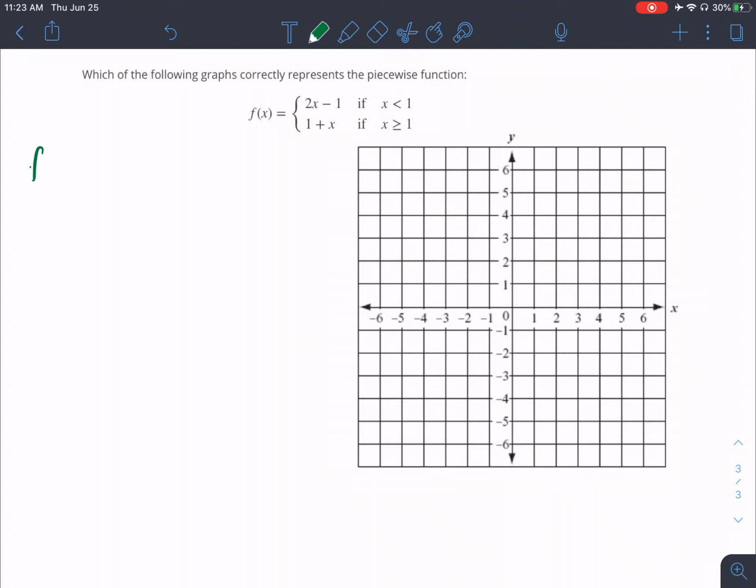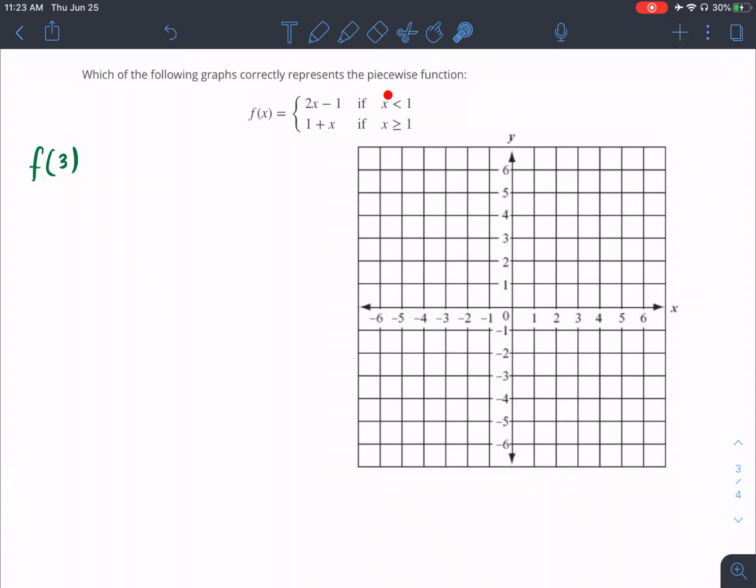So let's say I wanted to plug in the x value 3 into my function here. The way you read this is you're going to use two functions, but these conditions tell you what must be met for that particular x value. So if I plug in an x value that's greater than or equal to 1, I'm going to use this linear function.